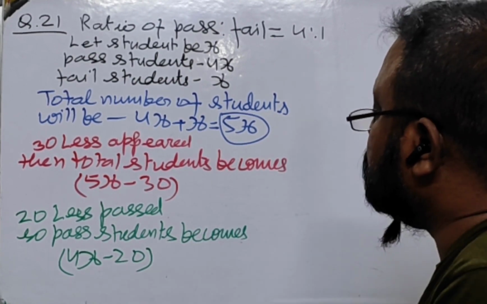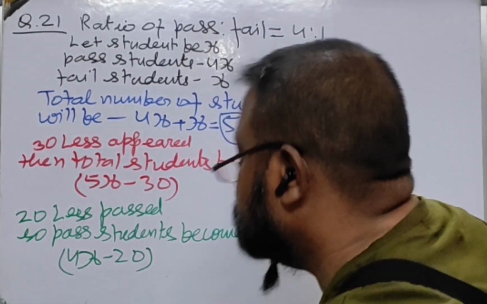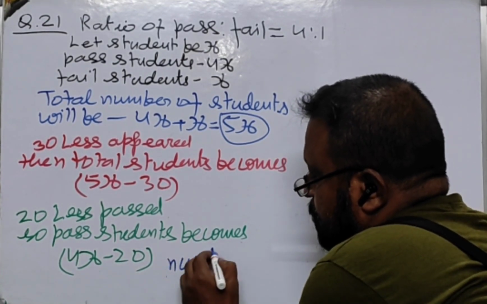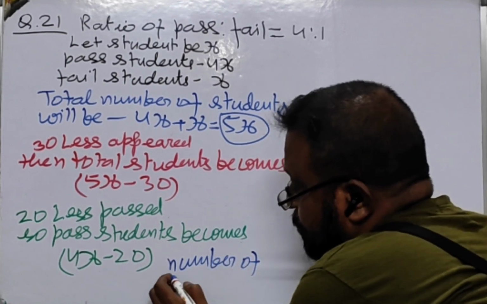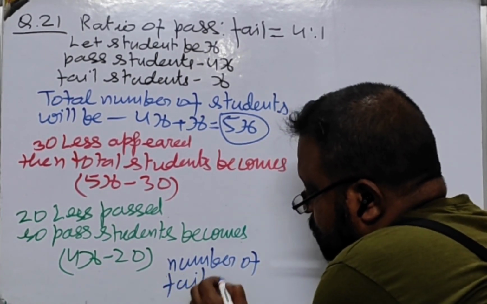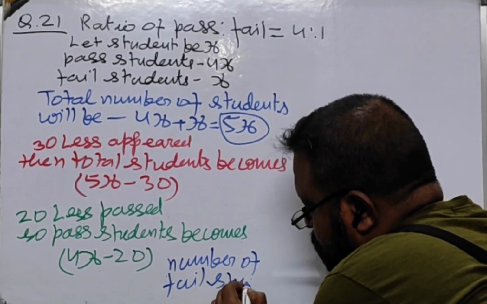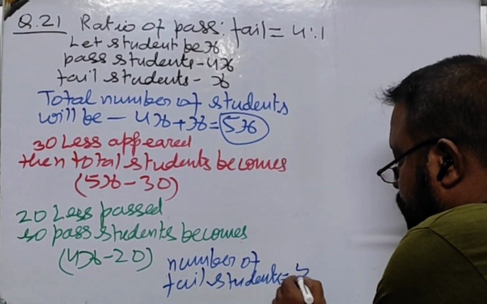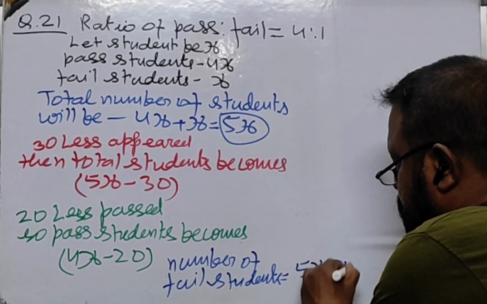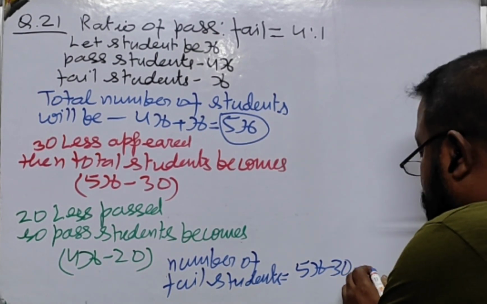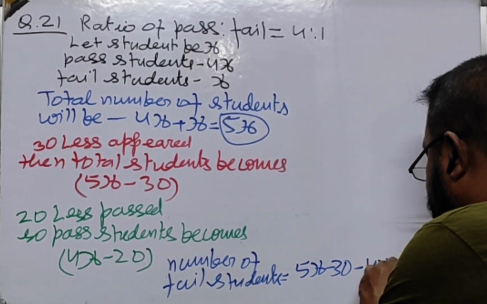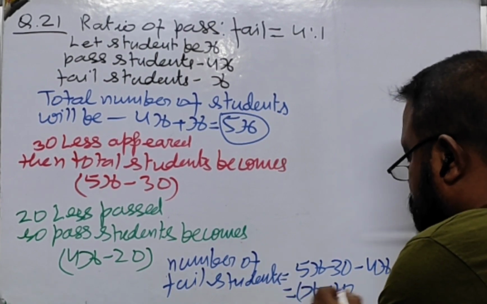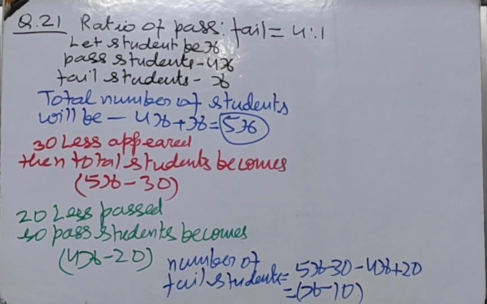So number of failed students is equal to 5x minus 30 minus 4x plus 20. Yeah, so it becomes x minus 10, right?